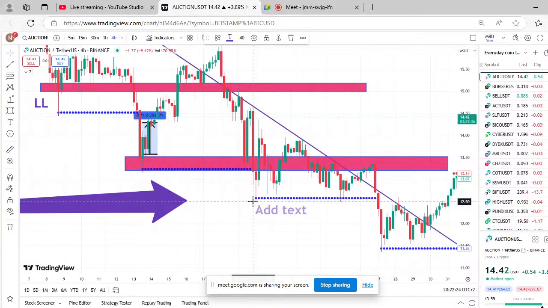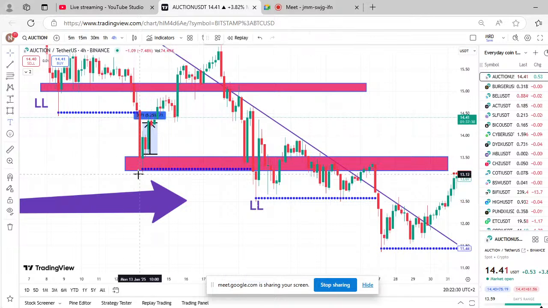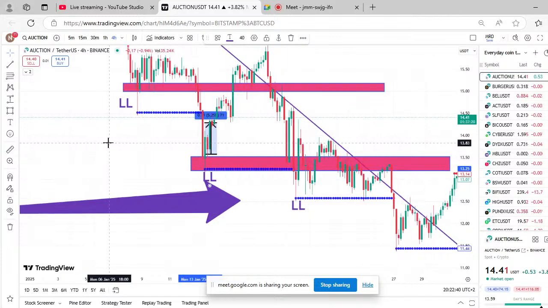For example, now it is here. Now we had another lower low here, so like that. So the indicator will always identify for you that this is the lower low according to the structure. This is the lower high according to the structure.